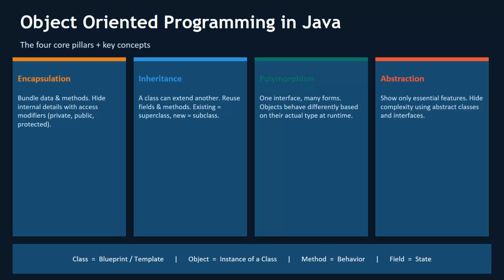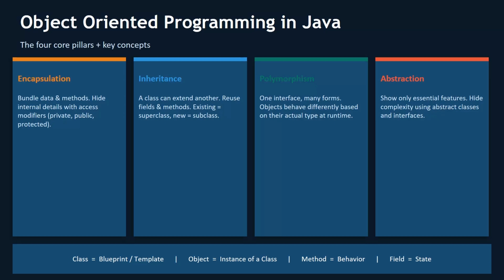So what are the existing forms for a mammal? One is an animal, two is a cow, three is a human being. All of these are mammals. So when an object takes on many forms, then it becomes polymorphism.